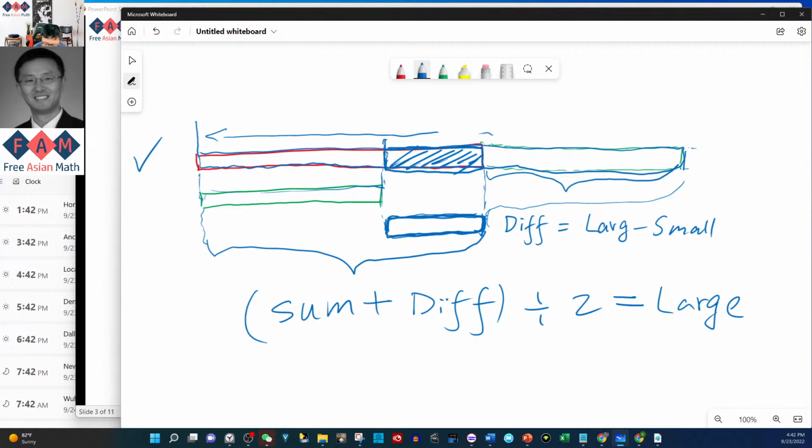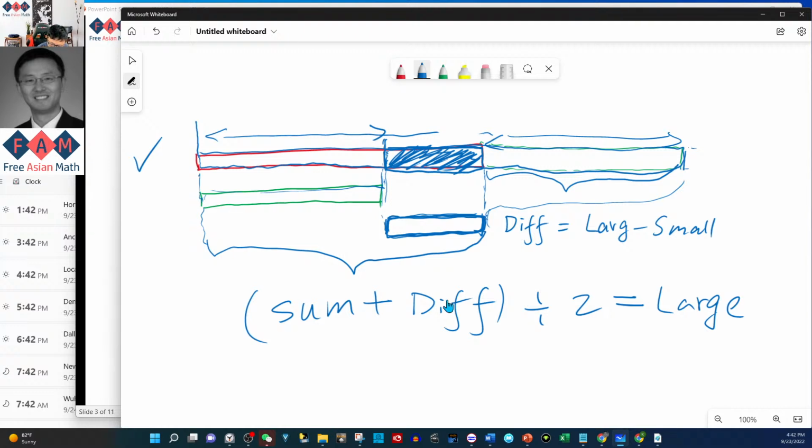Then we will get exactly 2 copies of the smaller or shorter green bar, right? Because this is right here. So if we just cut off this one, which is the difference, the remaining portion of the sum would be 2 copies of the smaller, shorter green bar.